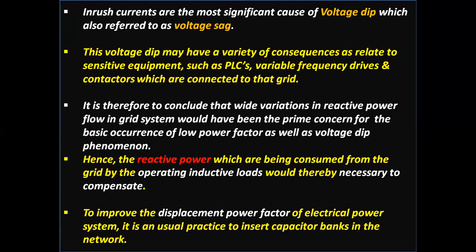It is therefore to be concluded that wide variations in reactive power flow in the grid system would be the prime concern for the occurrence of low power factor as well as voltage dip phenomena.